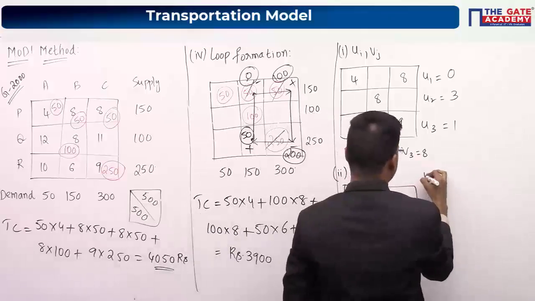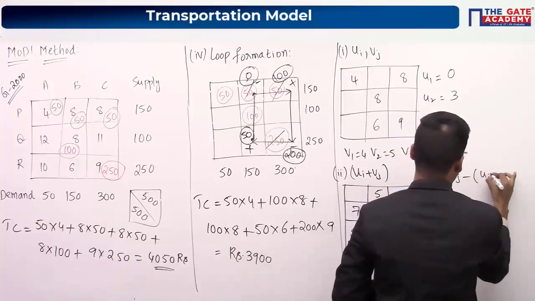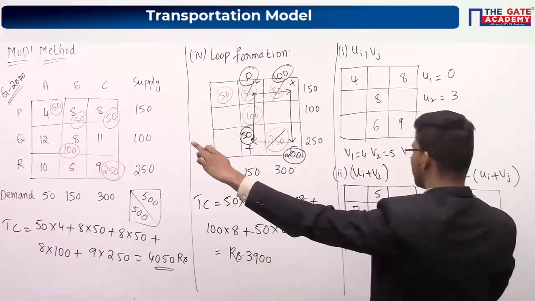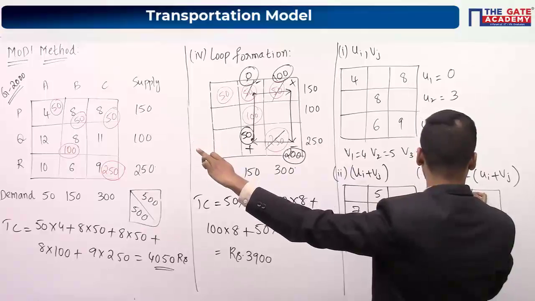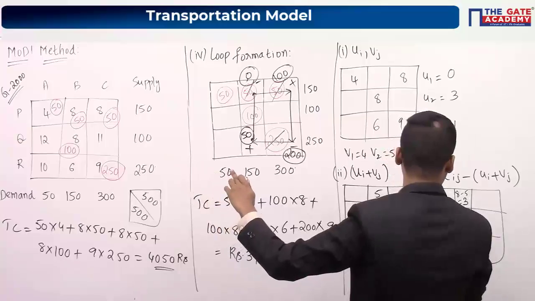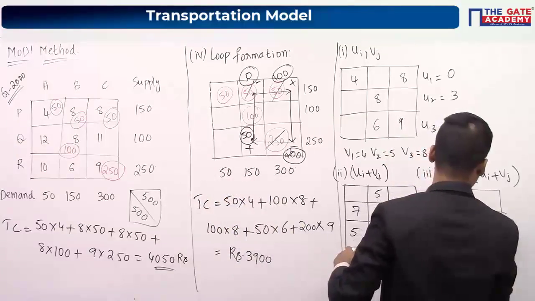In step number 3, you have to calculate Cij minus (ui plus vj). What are the Cij values? 8 minus 5, it will be 3. 12 minus 7, this will be 5. 11 minus 11, 0.